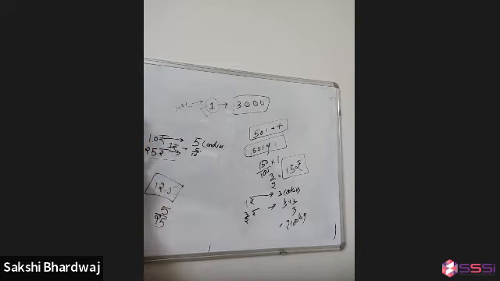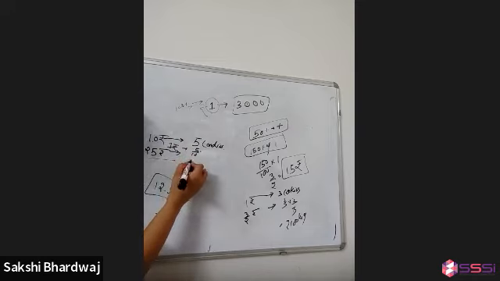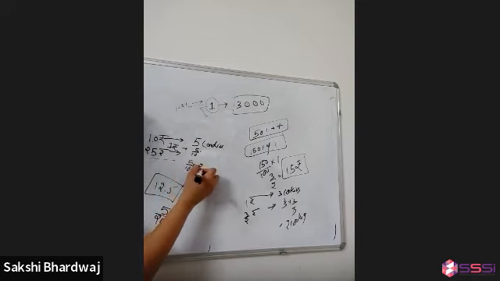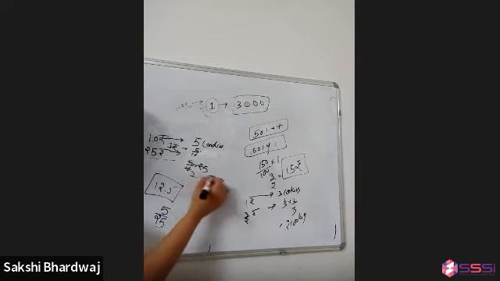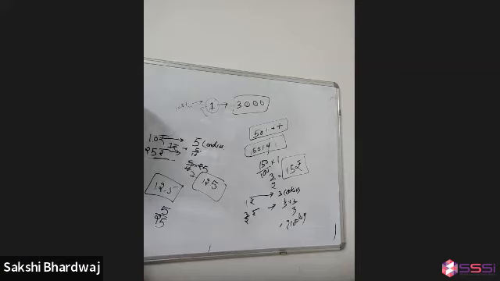Now 1 to 25 is greater than 1, so we multiply this number. So 5 upon 10 multiply with 25. This is 12.5 candies in rupees 25. Done? Yes.